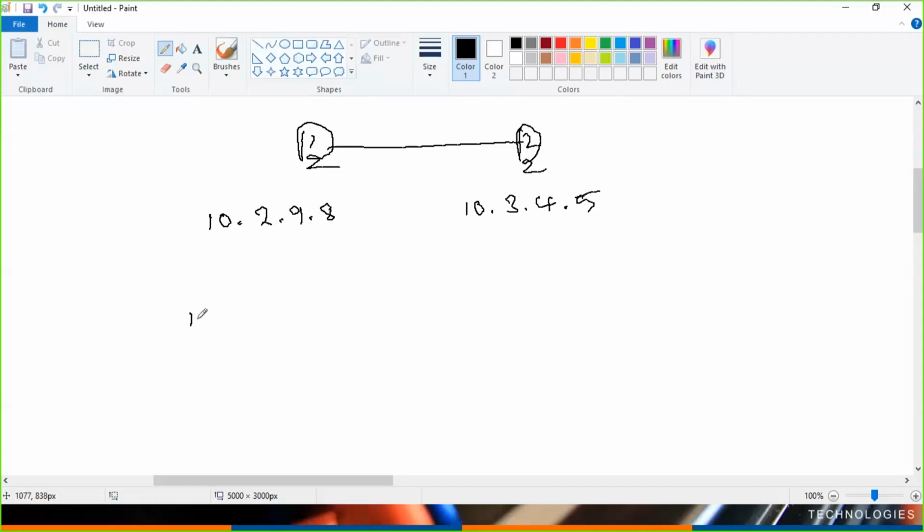In the second case, 172.16.8.9 and the neighbor computer 172.18.7.9.